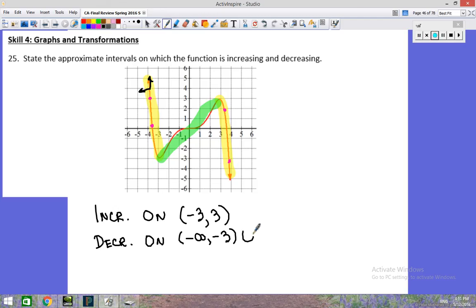Or, and here's that union since there's a break, from x equals 3 all the way to the right. So that's the interval over which I'm increasing, highlighted in green. Here's the interval over which I'm decreasing, highlighted in yellow. Since it was two regions, we had a union there. That translates to the word or.